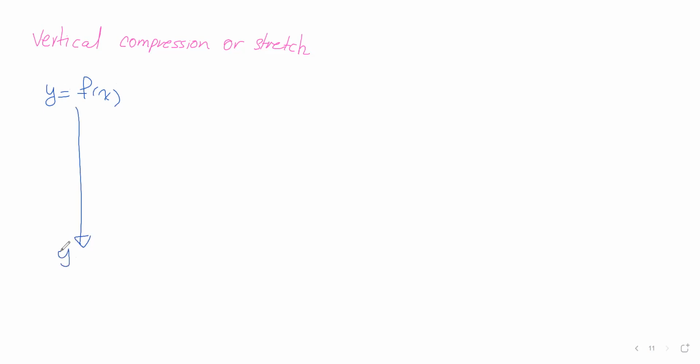So how about this one? It's called vertical compression or stretch. Basically you have the graph of y equal to f of x, and you are looking at y equal to a f of x.